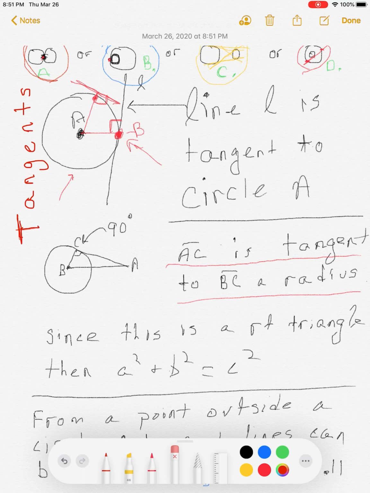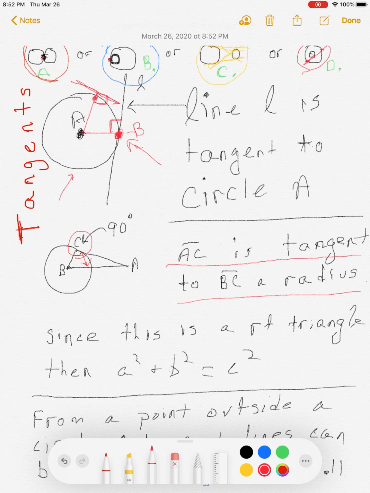And since this is a right triangle, you can apply the Pythagorean theorem. BC squared plus CA squared equals BA squared. Notice that the point of tangency, that 90-degree right angle there, tells me where the right angle is, okay?